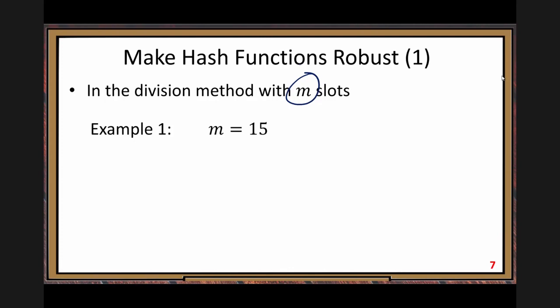Let's take a look at what problems we may have if we use n equals 15. K mod 15, you need to do this operation. But we know 15 is a multiple of 3: 3 times 5 is 15.